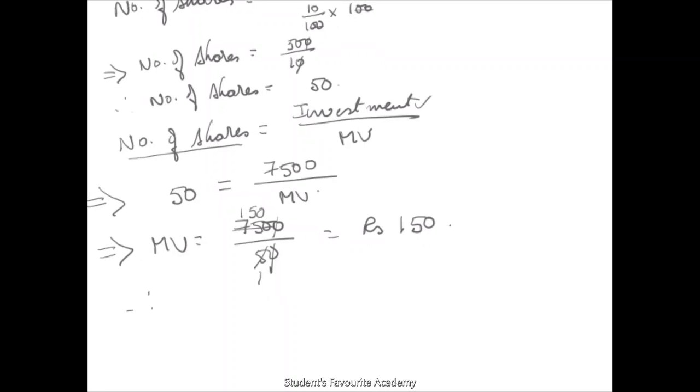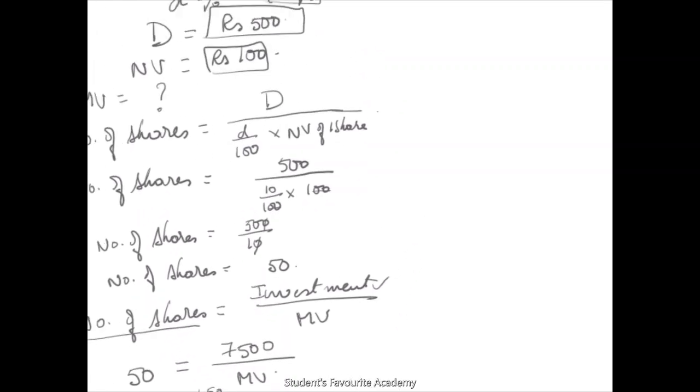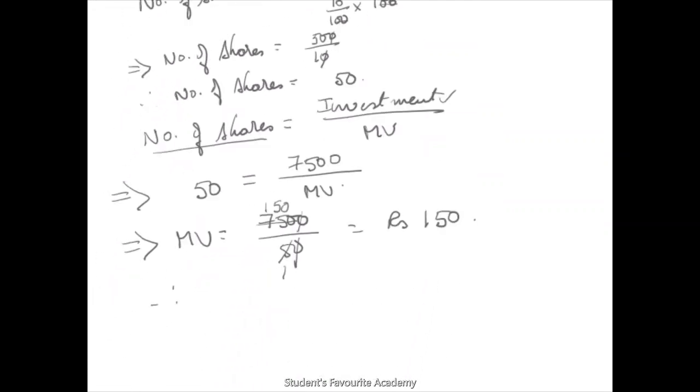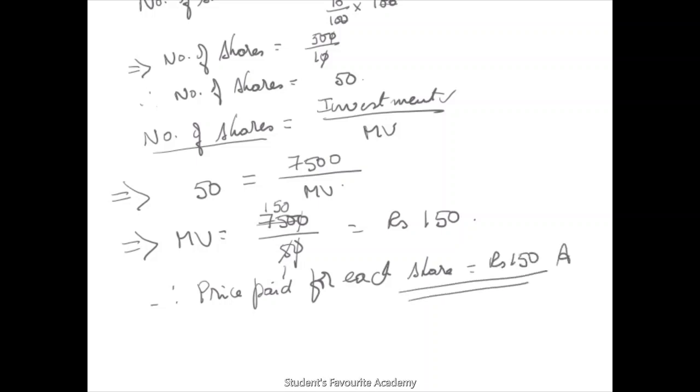So what is the question? Try to write down the answer in the same way. What price is paid? So therefore price paid for each share is equal to rupees 150. That is the answer.